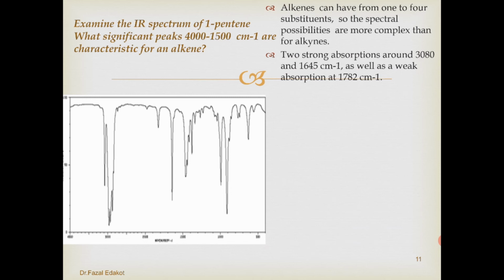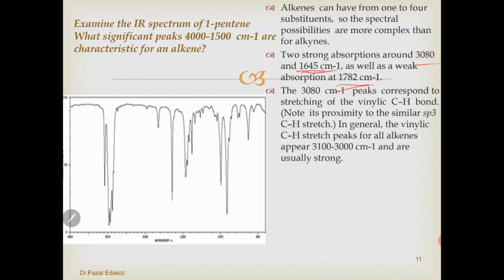So if you are taking an alkene, 3080 is one possibility, 1645 is another possibility, and 1782 is another possibility. What is the reason for that? 3080 per centimeter corresponds to stretching of the vinylic CH.